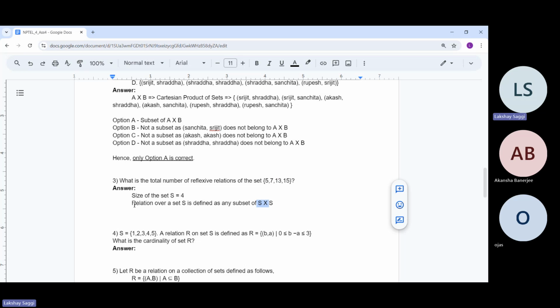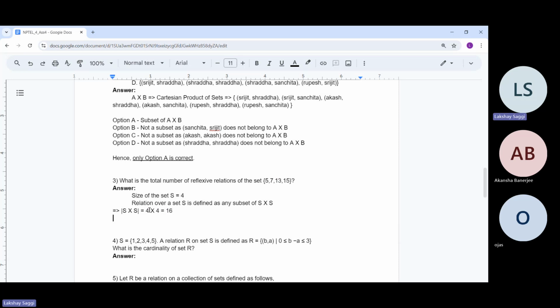This is how we define a relation over a set S. Note that since the size of set S is 4, the size of set S cross S will be 4 times 4, which is 16. So the number of possible relations.